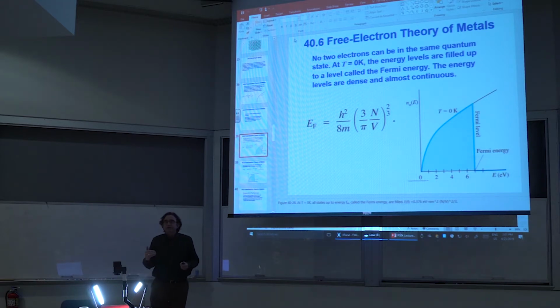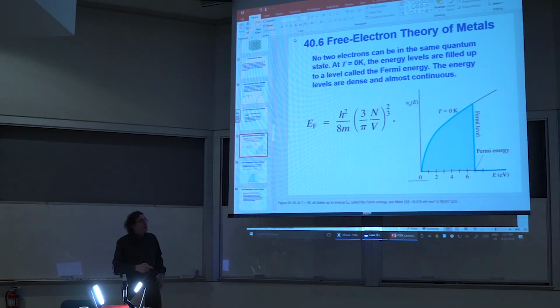And then the theory is that we consider these electrons as being free in the metal, free to move around, and we begin to fill them up from the lowest possible energy, which is very close to 0. And of course, this is kinetic energy.